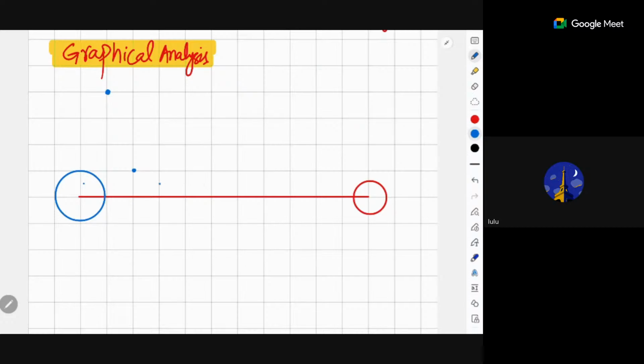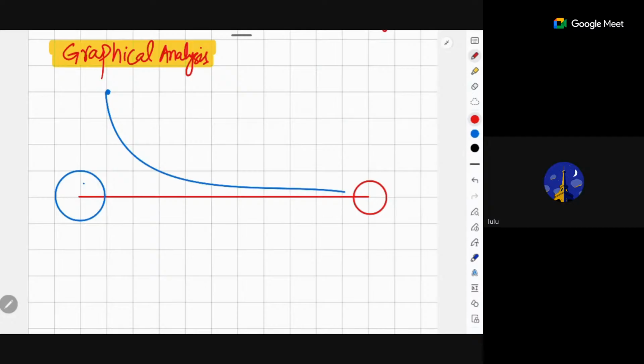So you will simply draw this graph in this way. This is basically the force of planet A, the blue planet.